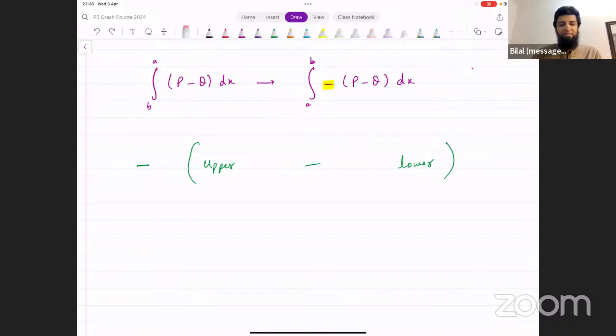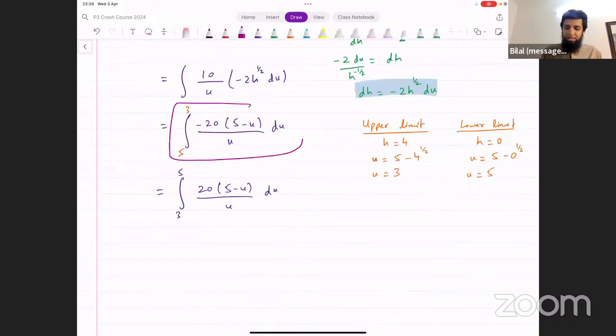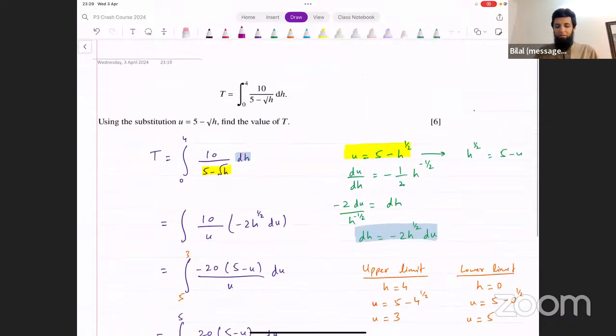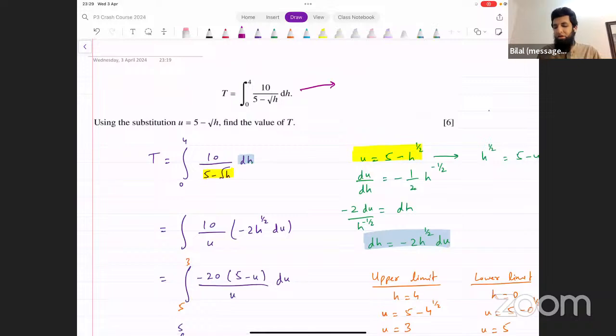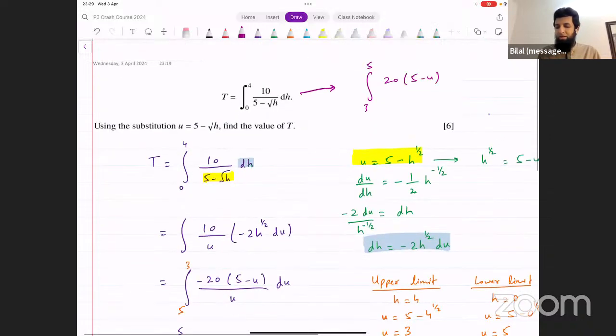Now, why is it necessary? Why can't we just do it like this? Do it as it was? That's what your question is, right? Why can't we just input these limits as they are? You can do that. That's possible. However, sometimes what happens is they might have told you in the question to convert this integral to a form like this, with 3 and 5 as the limits, and let's say they wanted the integral to look like this, 20 into 5 minus u divided by u with respect to u.